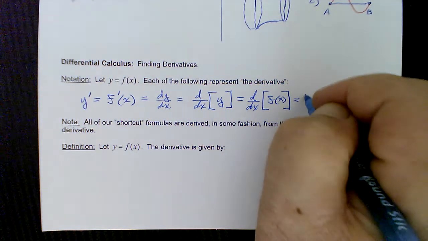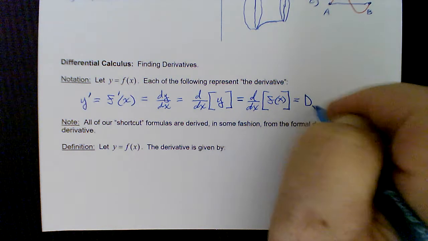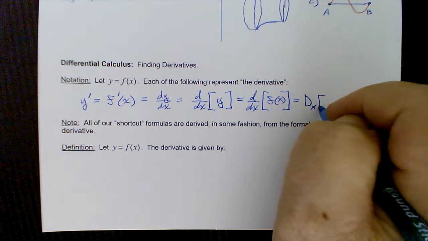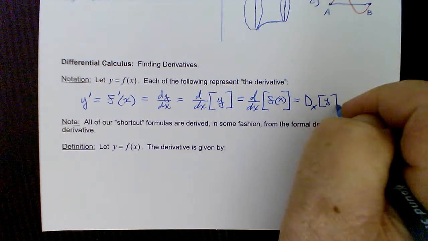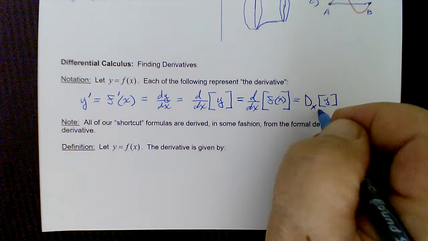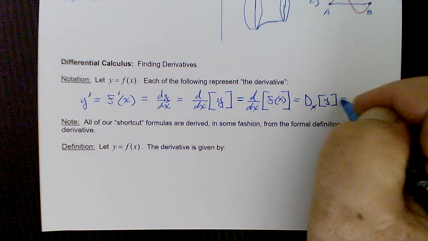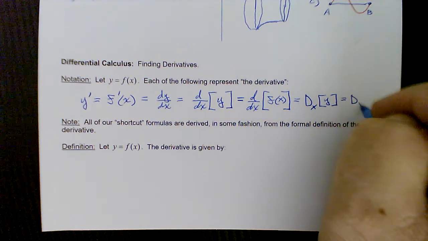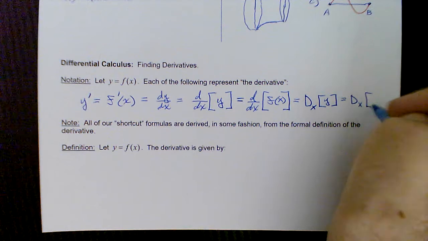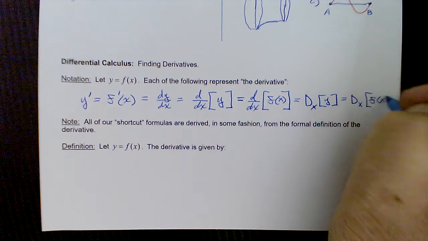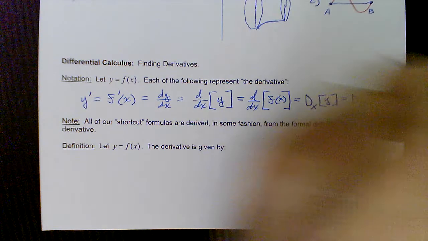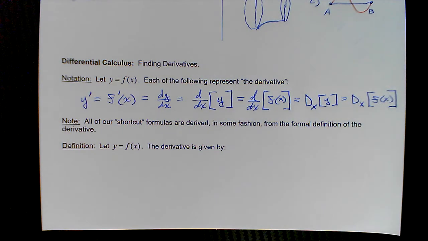You'll see this uppercase D with a subscript of x of y, and it means the same thing as the d dx notation. And so similarly, we could say the derivative with respect to x of f of x. So be familiar with all the different notations that we use.